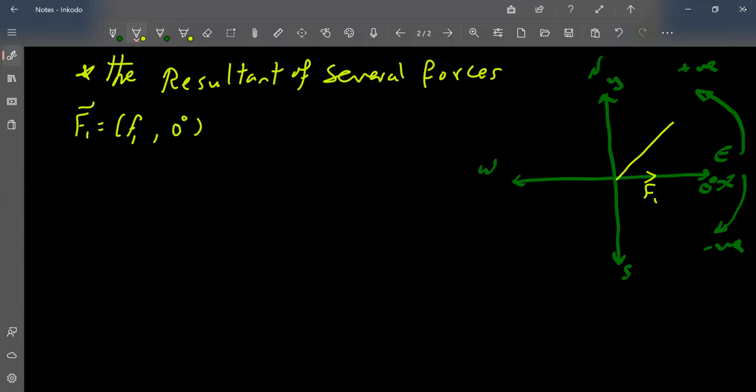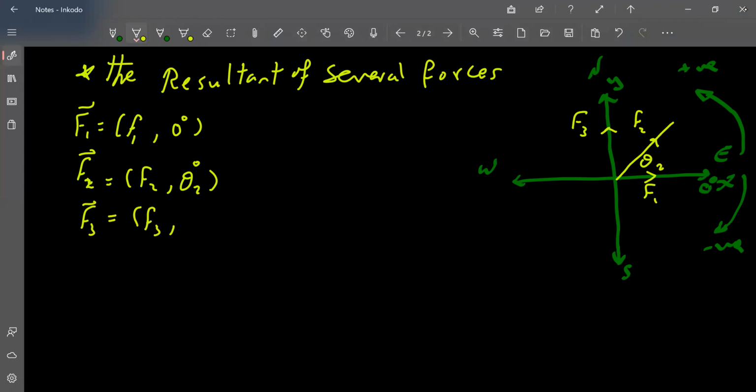If we have another force, F2, and it makes theta 2, then F2 equals the magnitude of F2 and theta 2 in its polar form. Then F3 in polar form equals its magnitude and 90 degrees.